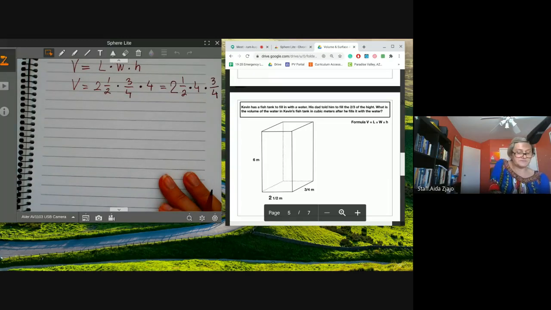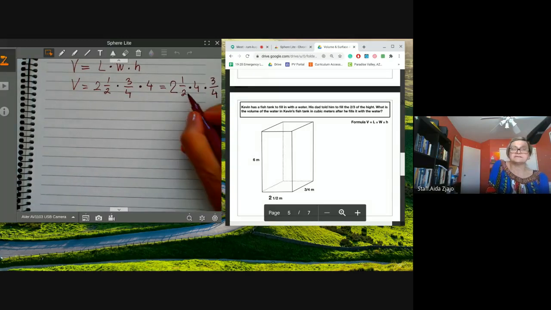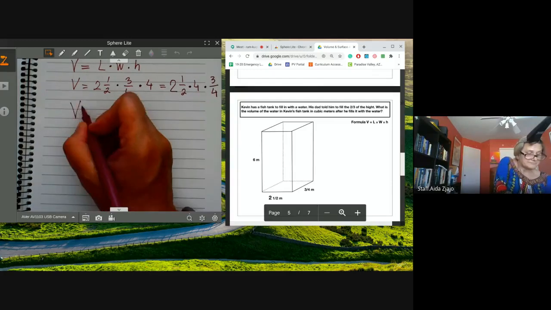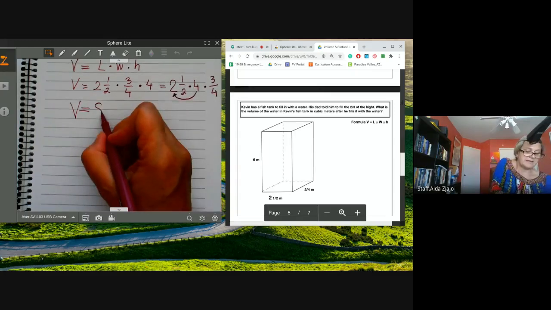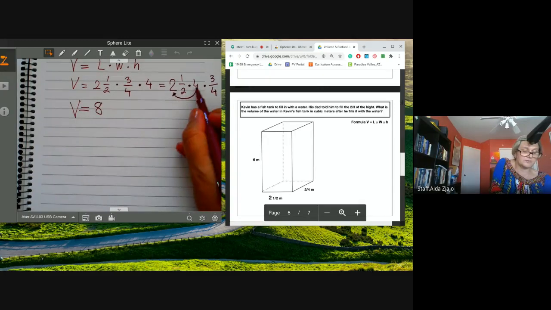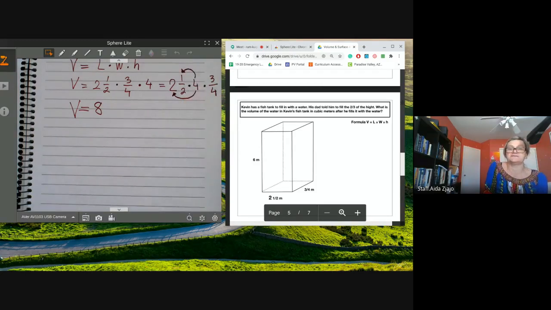This helps me, because I can do the distributive property, and I can say 4 times 2 is 8, and then 4 times half, 4 halves.